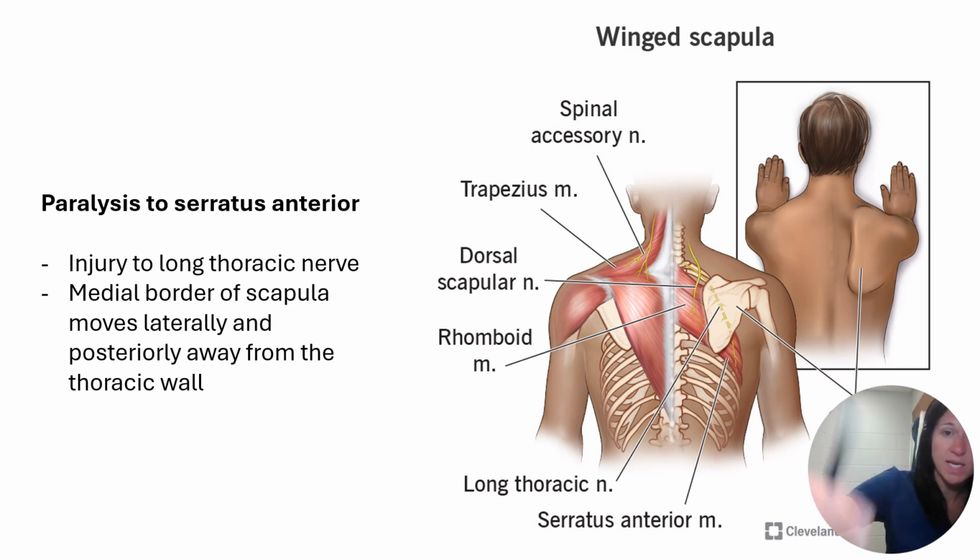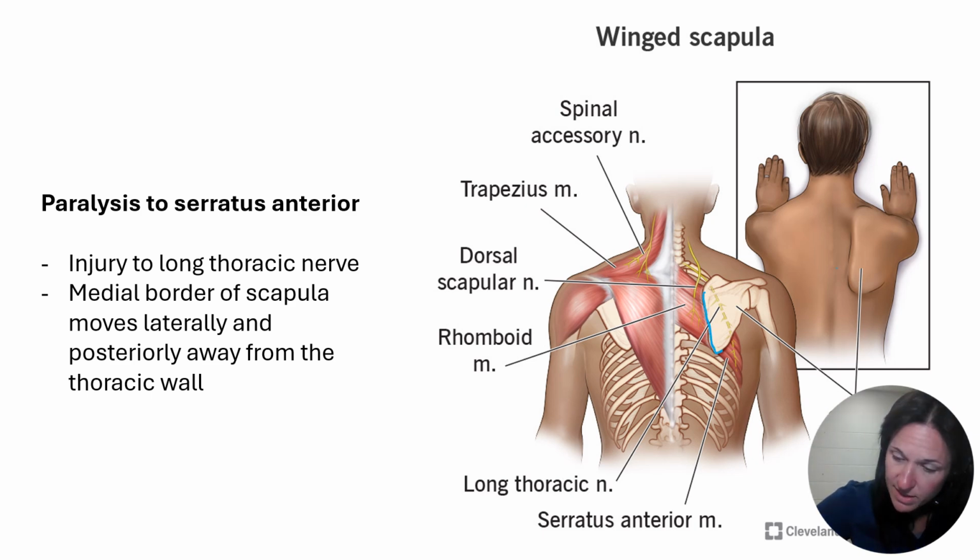And this is going to present with the medial border of the scapula moving in this lateral and posterior, like it's coming off the page, direction. So we can see this result sort of appearing like a wing. Okay, so this is a winged scapula due to injury to the long thoracic nerve.